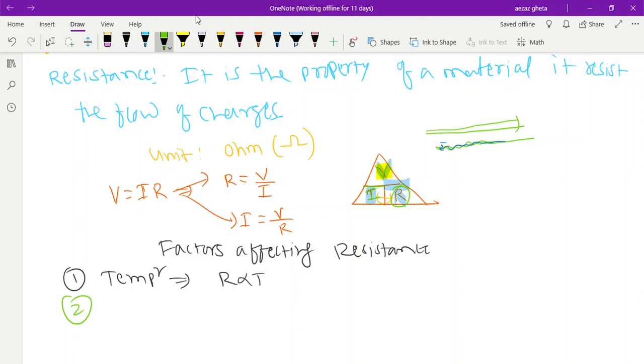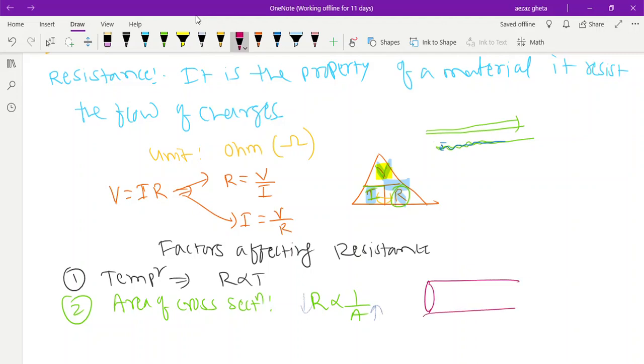So this is temperature. Second one is area of cross section of conductor. So resistance is inversely proportional to area. It means that more the area, less the resistance. In simple way, thicker is the wire, resistance is less.